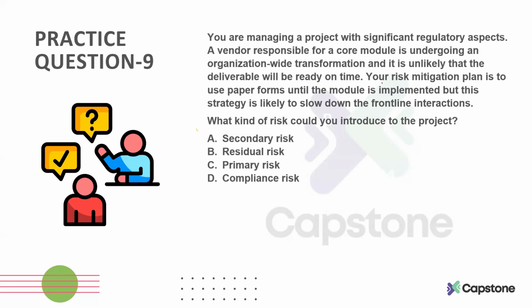So you had a risk mitigation plan to use paper forms until the module is implemented. Okay. That if the digital platform is delayed, you will be going back to paper-based working to keep your work running.